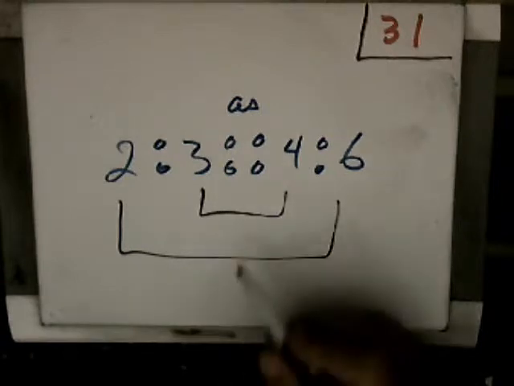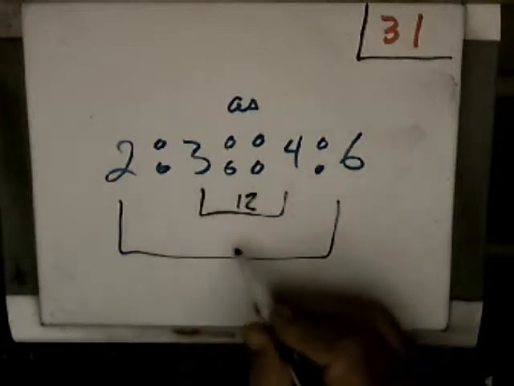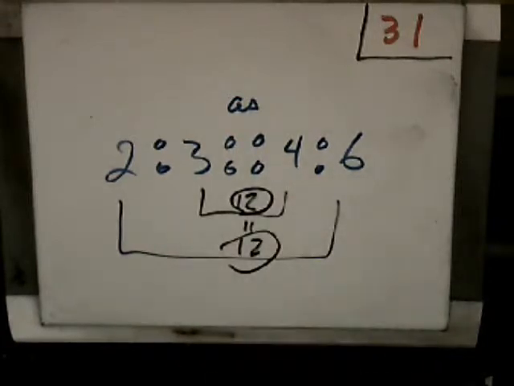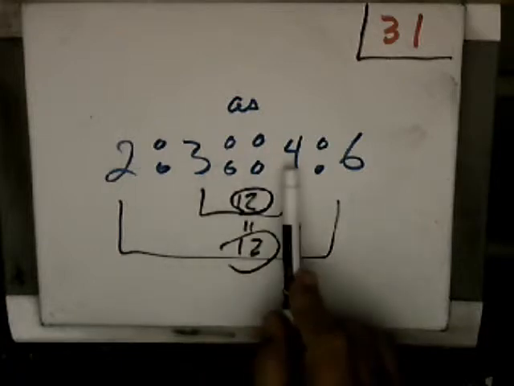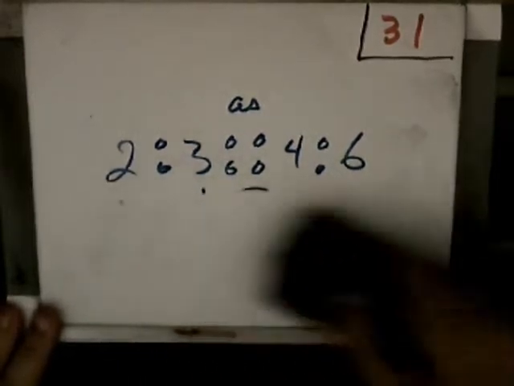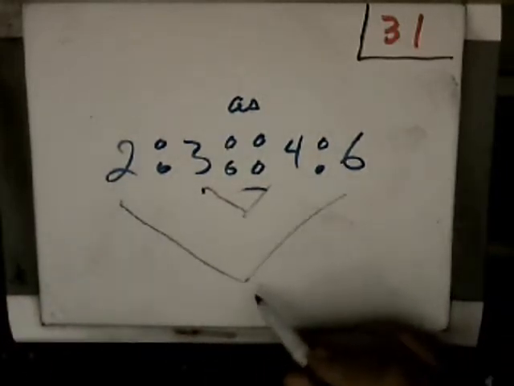As it turns out, the means equal the extremes. So 3 times 4 is 12, and 2 times 6 is 12, and sure enough, they do equal each other. And that is typical of the way you would work a proportion based on that idea that the means equal the extremes. The inside pair multiplied equals the outside pair multiplied.